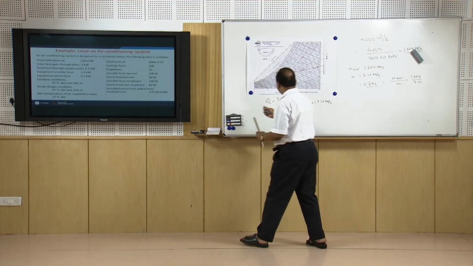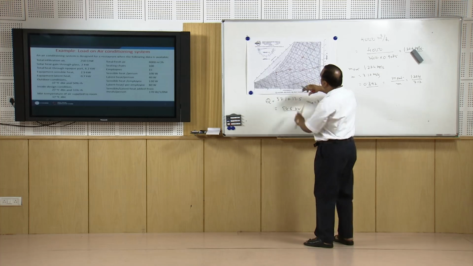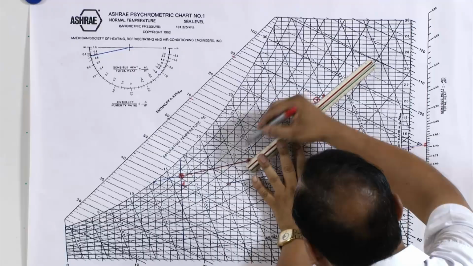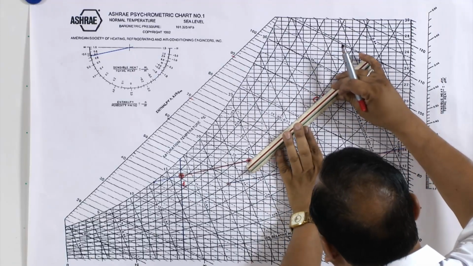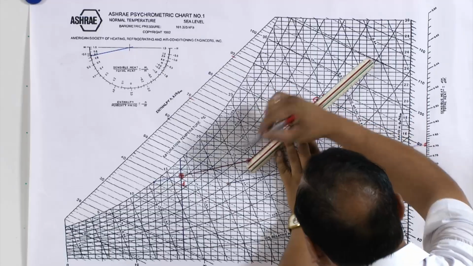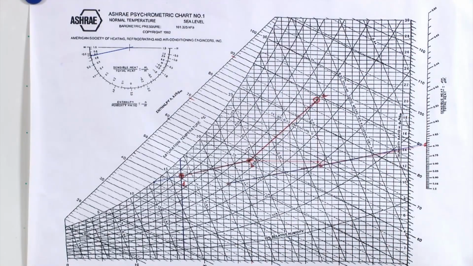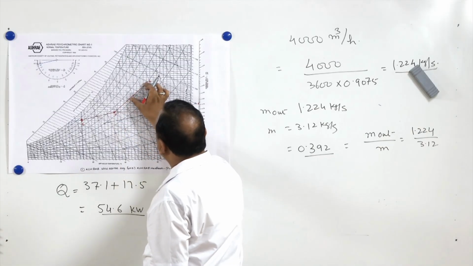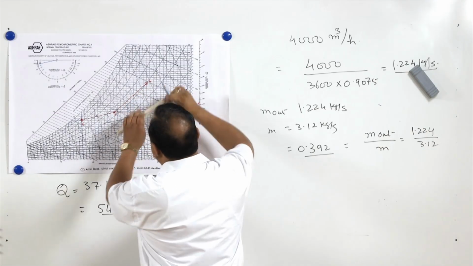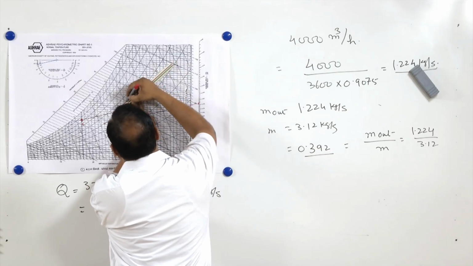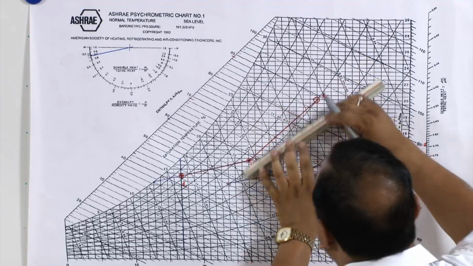Now how to take this mixture? For taking the mixture of outside air and inside air, we will join these two lines, and we will take 0.392. So this part will be 39.2 percent, and this part is going to be 60.8 percent. In this ratio, if we take the values, we will get a point somewhere here.